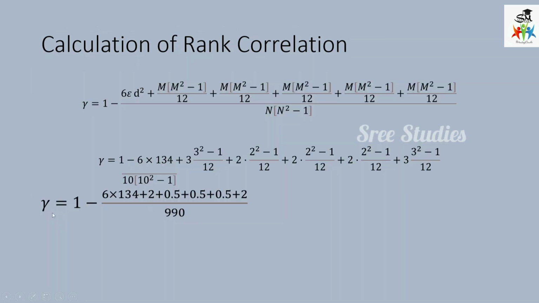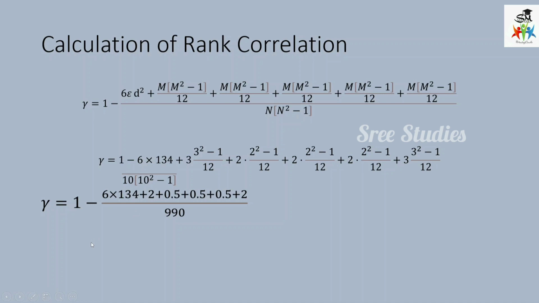Just simplify it. 1 minus 6 into 134 plus the values we have to put, and then you will get 3 into 3 square minus 1. 3 into 3 square is 9. 9 minus 1 is 8. 8 divided by 12. Then multiply with 3. Then you will get 2.